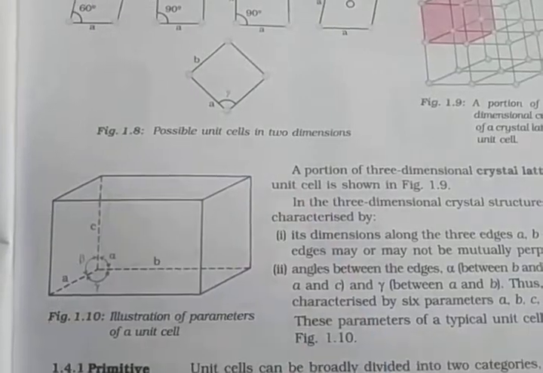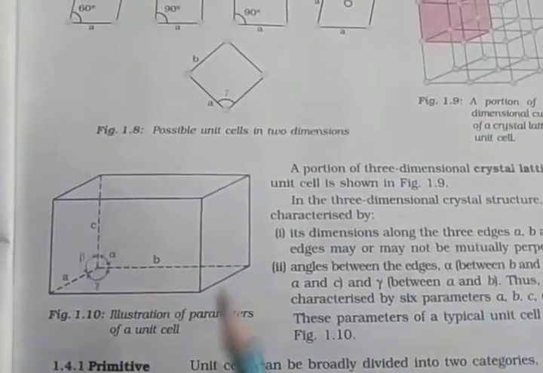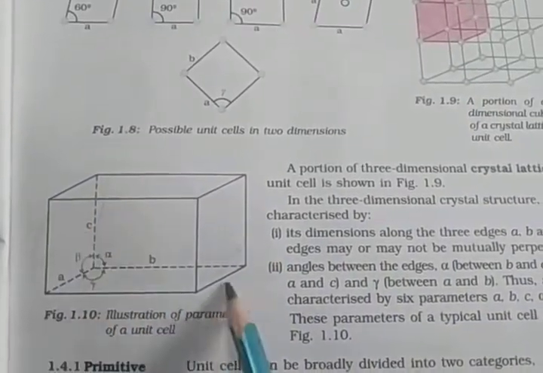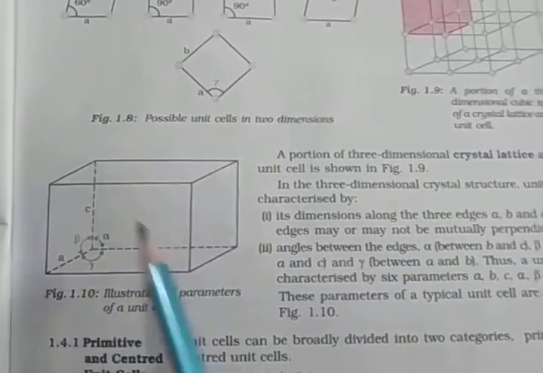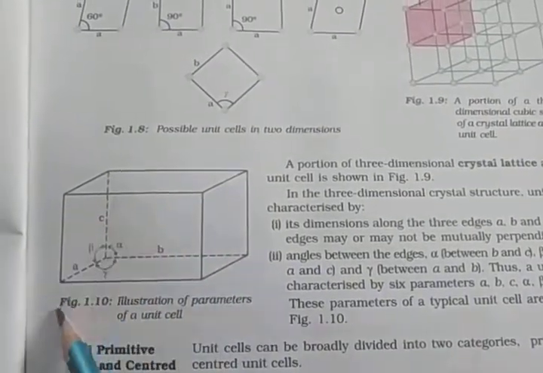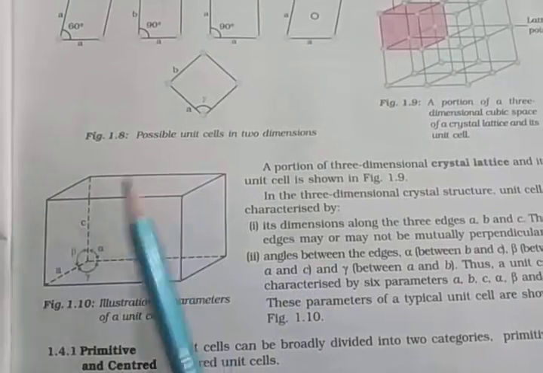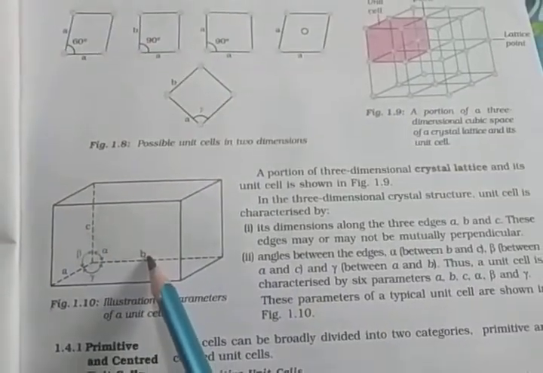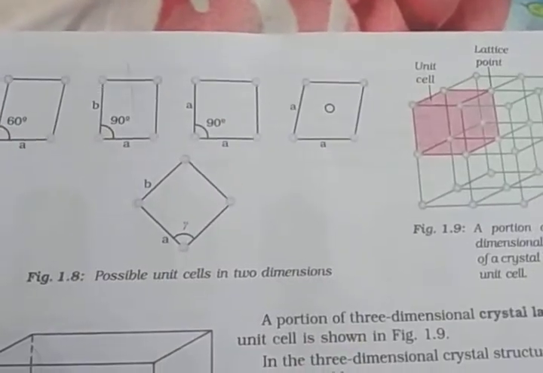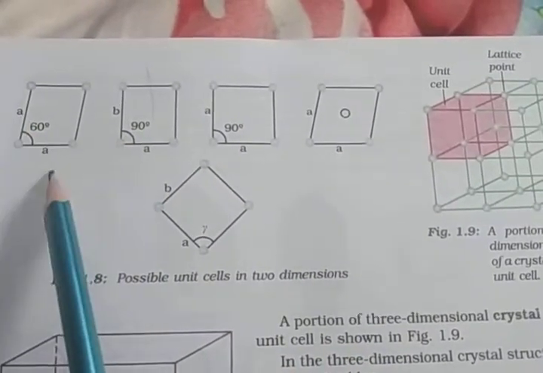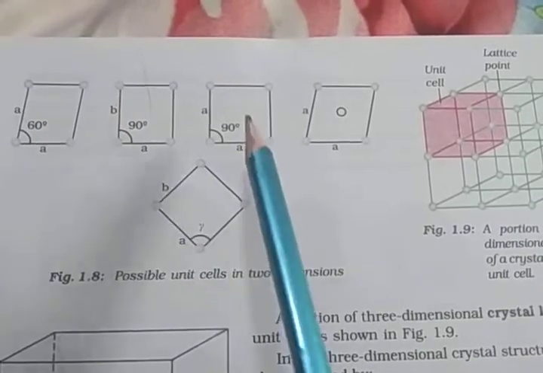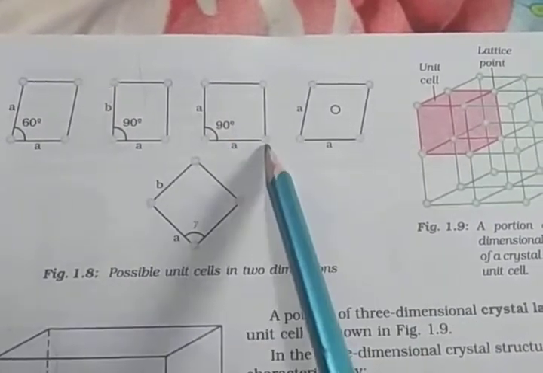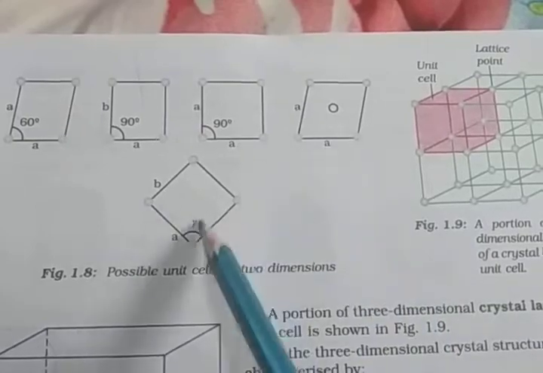In 3D, in this way, we illustrate the unit cell with A, B and C. So one unit cell is drawn. Here you see a possible unit cell in 2D, with a 60 degree angle, and A and B at a 90 degree angle. If it is 90 degrees, a is this way and b is this way.